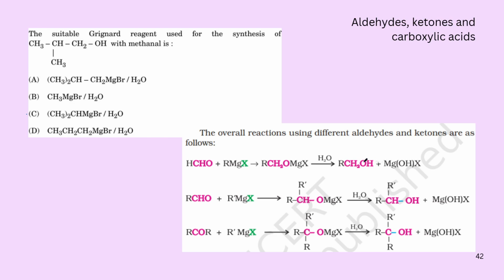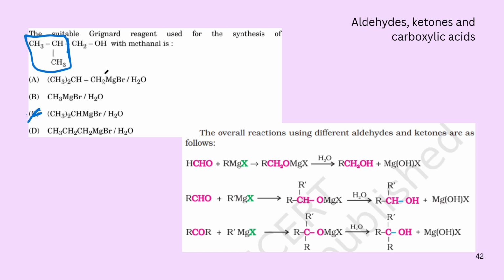So this is what we're going to use for the synthesis, and the R group is what we care about. So whatever all of this is going to be the R group, and because of that, the answer is option C.